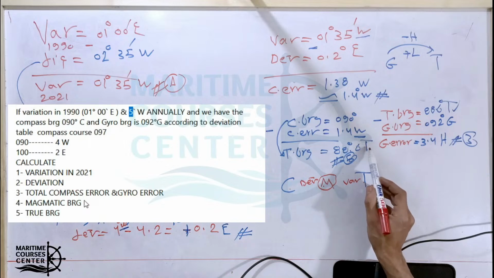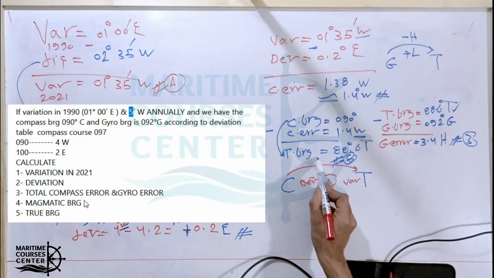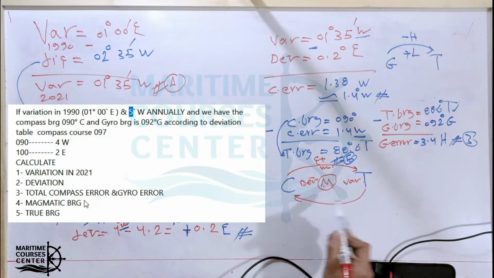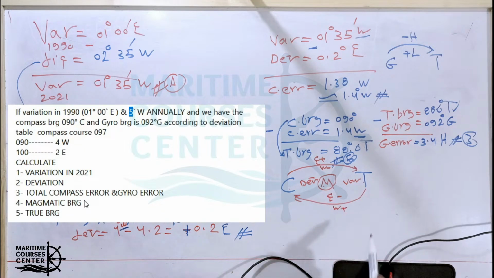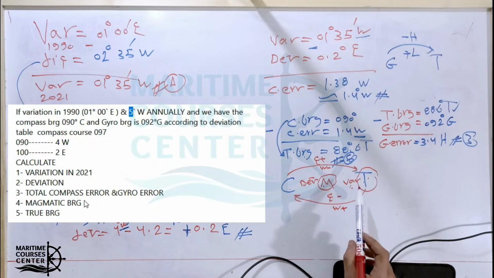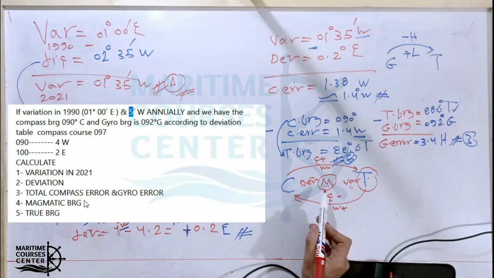As you can see, here we have the true bearing. From compass to true, east is plus and west is minus, and from true to compass, east is minus and west is plus. So we already have the true bearing and we already have the variation here, and we want to calculate the magnetic.